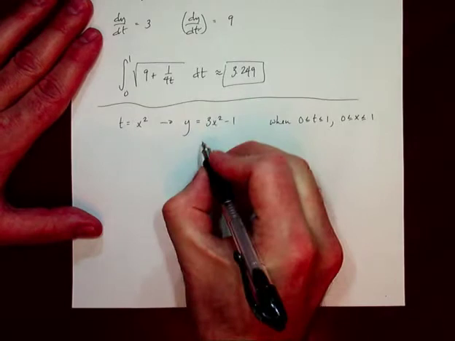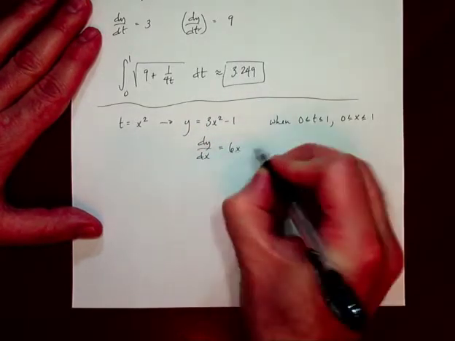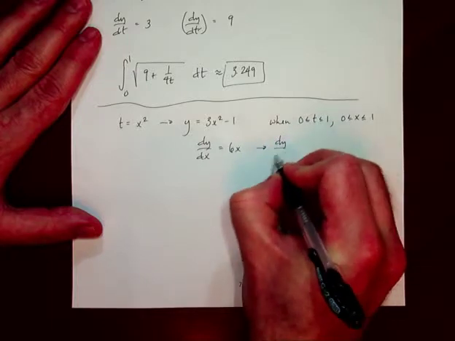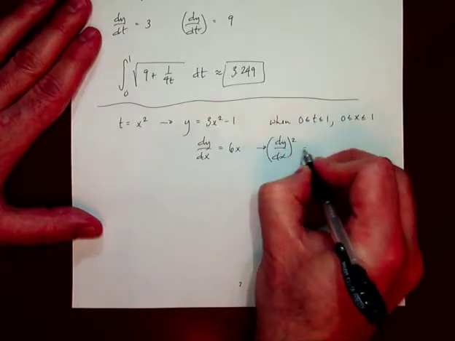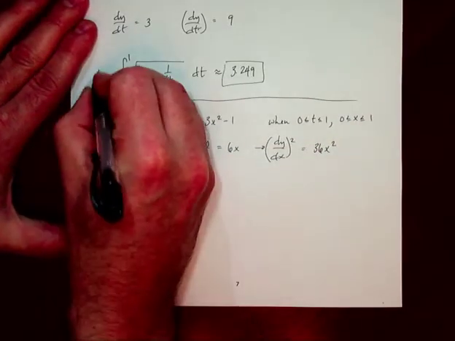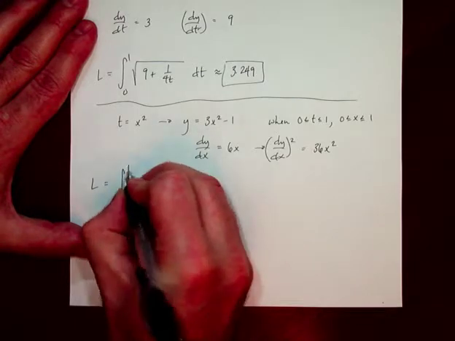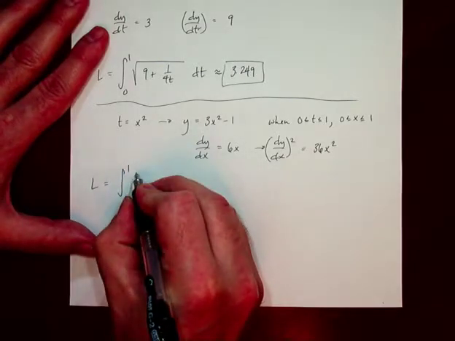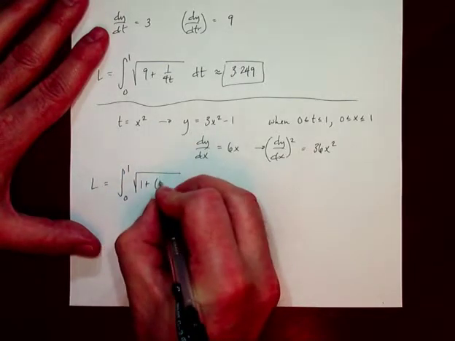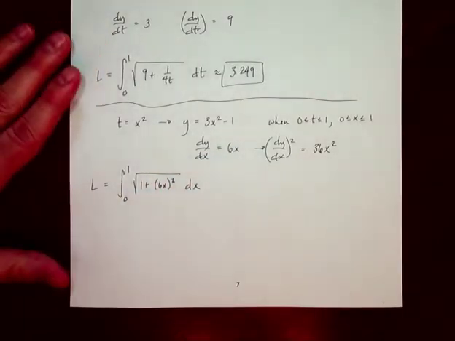Okay, well this right here, dy dx, is 6x. So therefore dy dx squared is 36x squared. So my length in terms of my rectangular formula is the integral from 0 to 1 of the square root of 1 plus 6x squared dx.